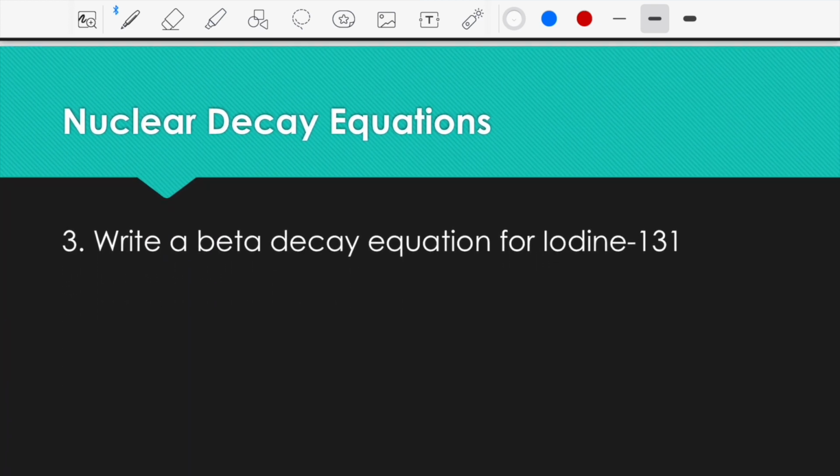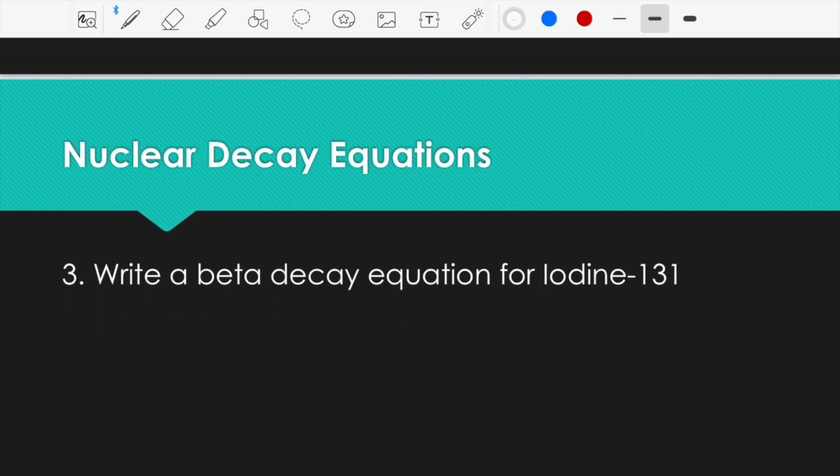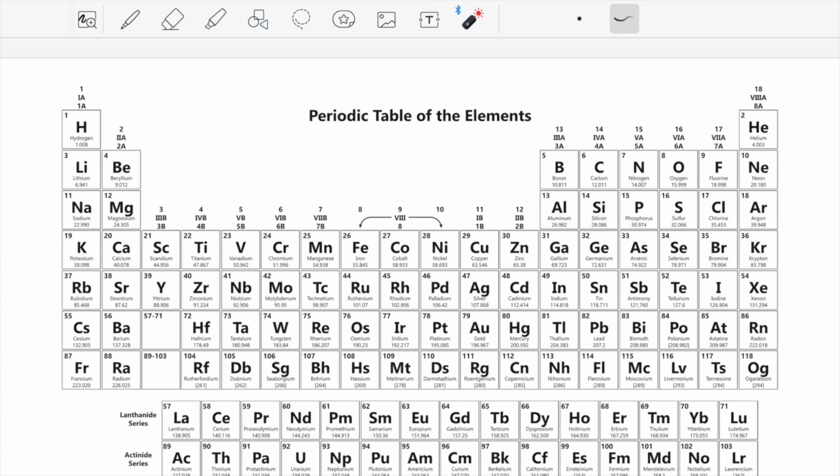Let's look at an example of beta decay. Here it wants us to write a beta decay equation for iodine-131. Just like before, the first thing I'm going to do is write the isotope notation symbol for the parent nucleus, iodine-131. So I go to the periodic table. Iodine has the symbol I, and it is atomic number 53.